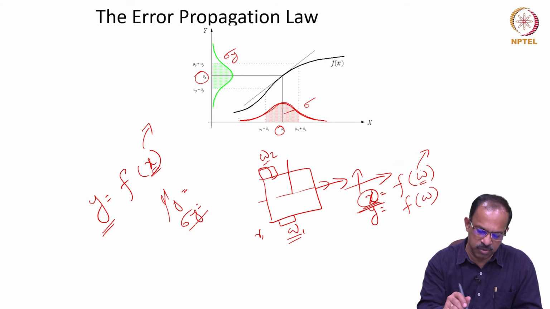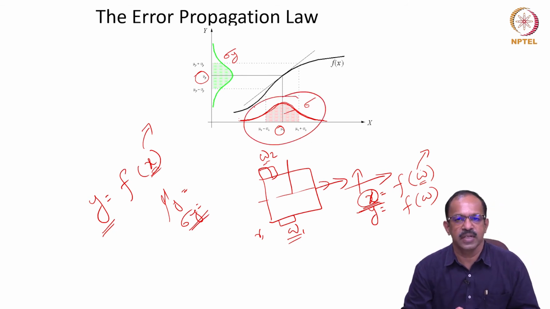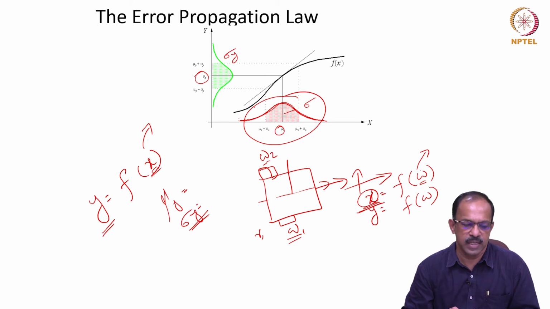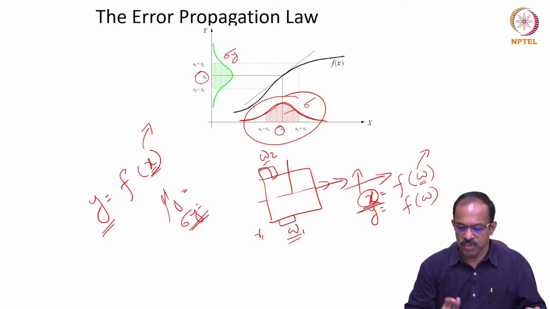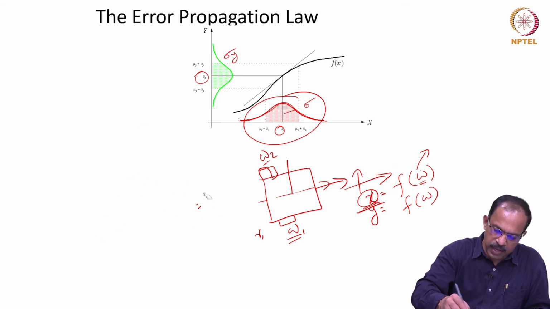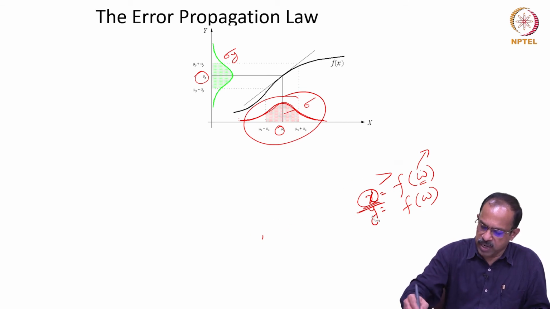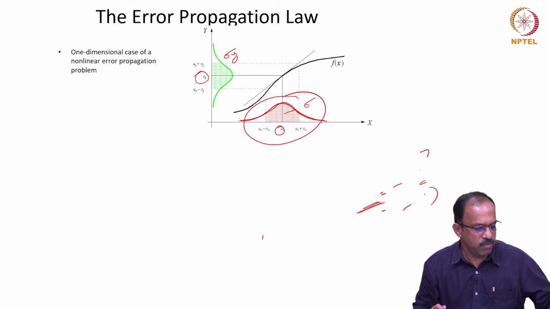If I can estimate sigma y, then we call that an error propagation model, and this is basically the error propagation law, which states that we can find out the error in the estimated value if we know the error in the sensor or the measurement.